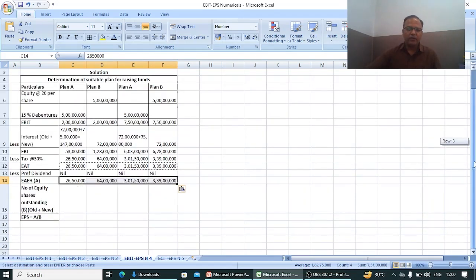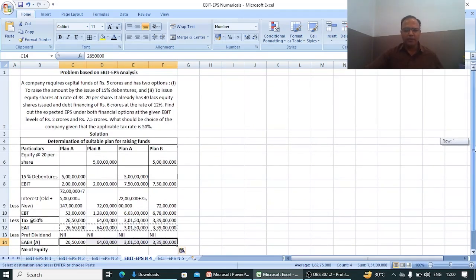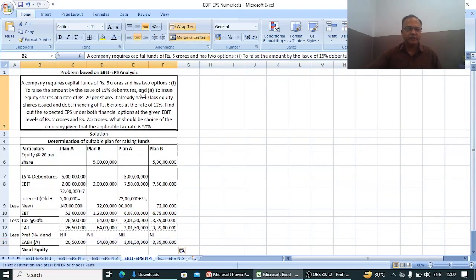Number of equity shares, old plus new. It is given in the question that the company already has 40 lakh equity shares.